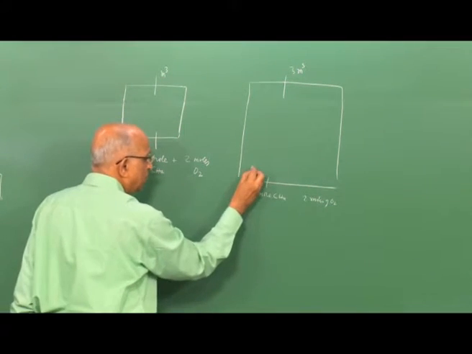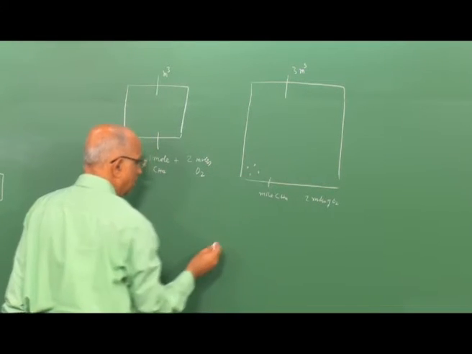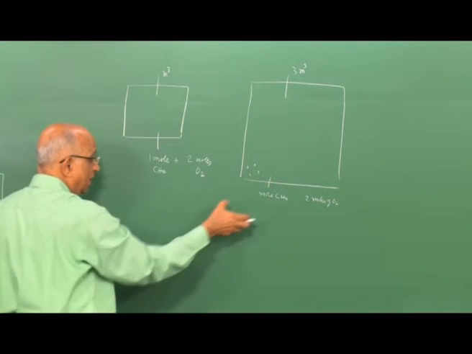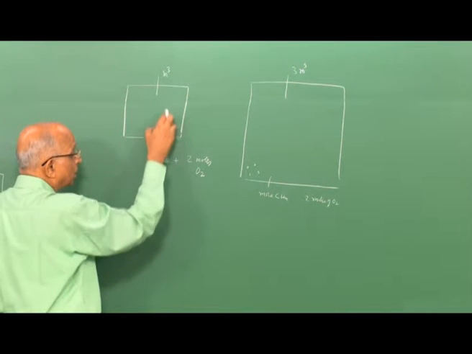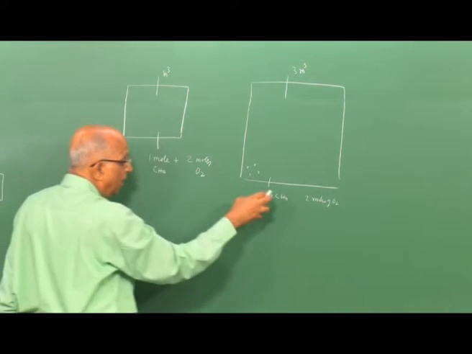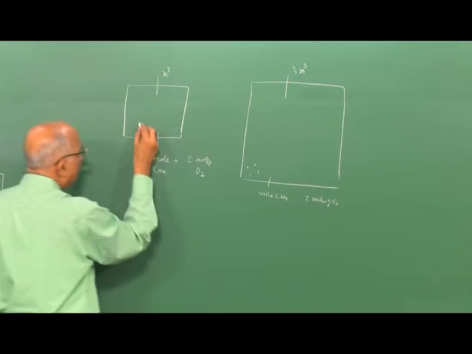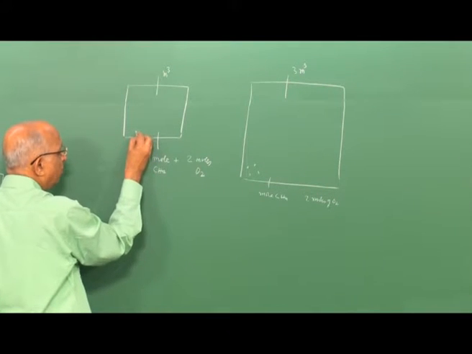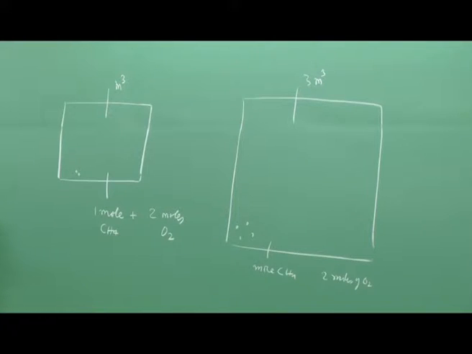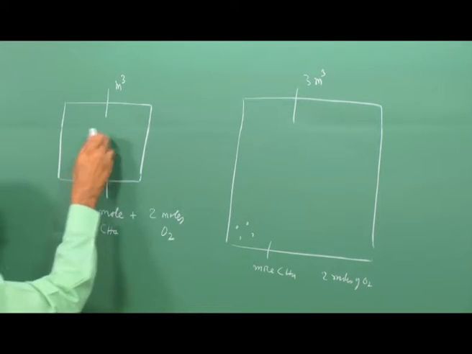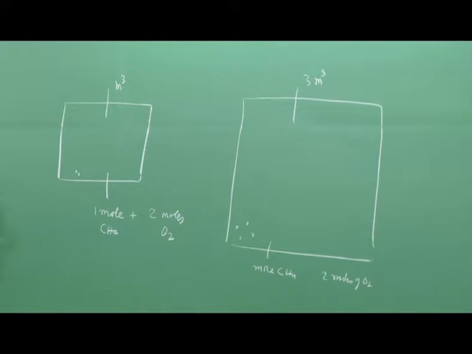The interatomic distance between the molecules is going to be larger, because the same number of moles are there. I have 6.023 into 3 times the total number of moles here. I have the same number of moles here, whereas since the volume is small, the molecules are near to each other. And mind you, the pressure and temperature here is identical to the pressure and temperature here.